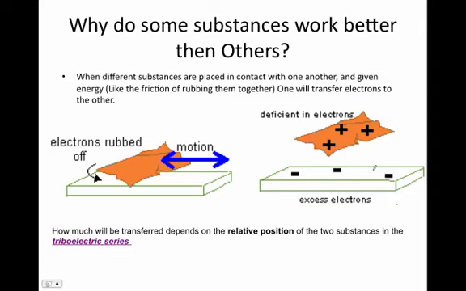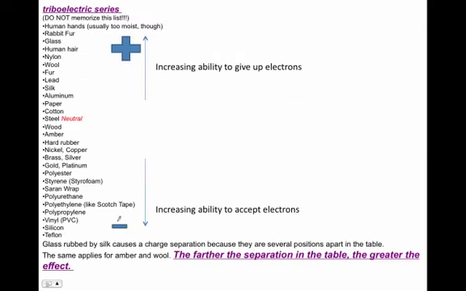Some substances work better than others when it comes to giving up or receiving electrons. So this electron transfer that goes on depends on something called the triboelectric series. And so it looks like this.